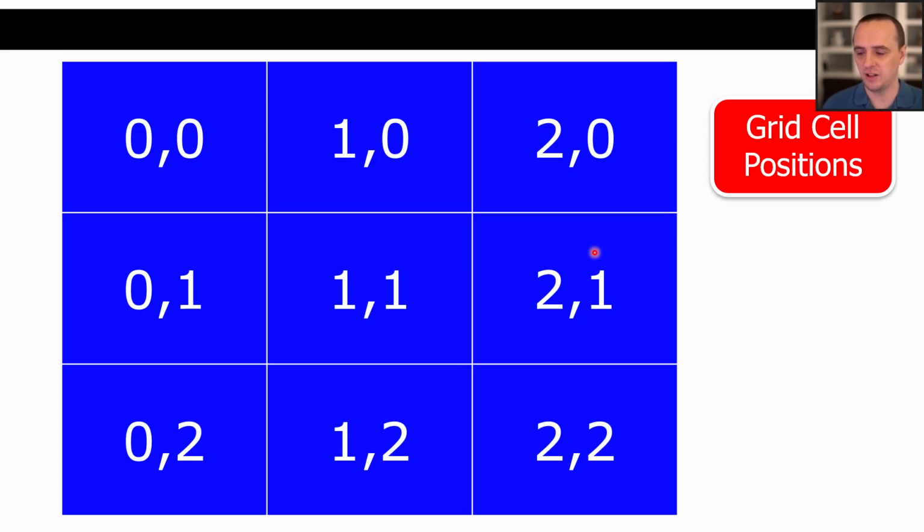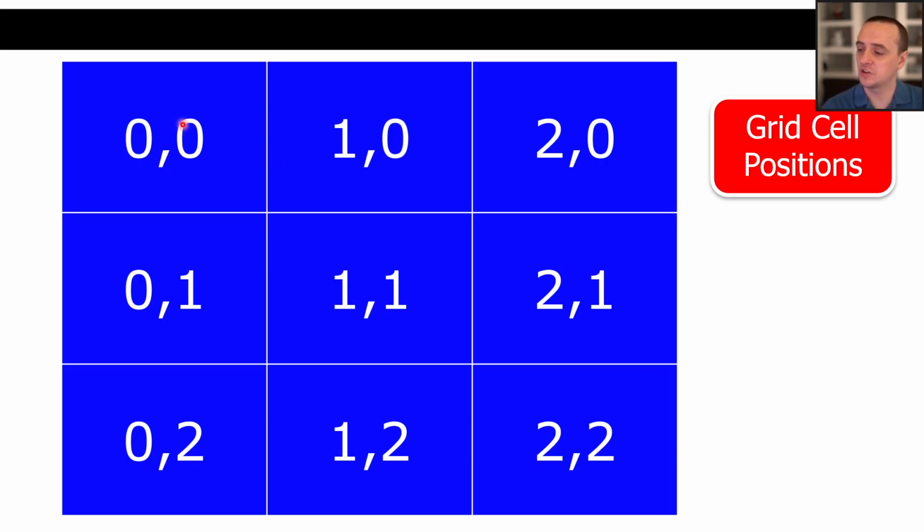But each cell will have a position. And we're going to refer to the cell position by its XY coordinate in the 2D grid, okay? So for this course, X is going to increase from left to right. So this is the 0 column in the X direction. This is the 1 column in the X direction, okay?